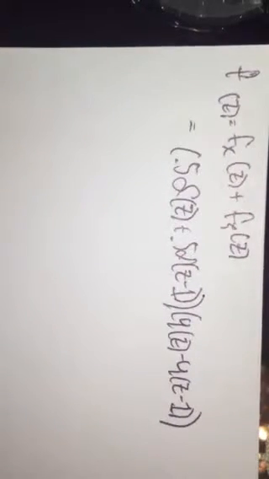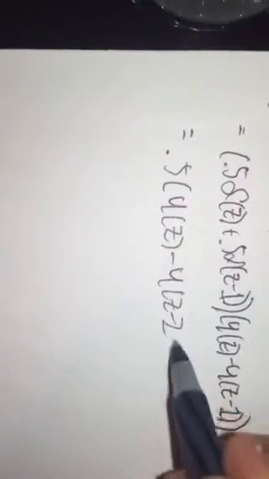So basically after convolution, you basically FOIL this out. I figured out that it equals 0.5 times u of z minus u of z minus 2.